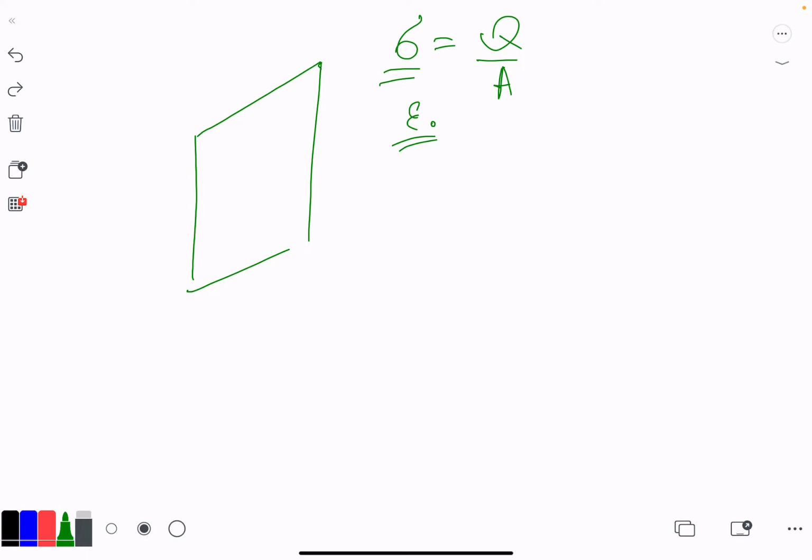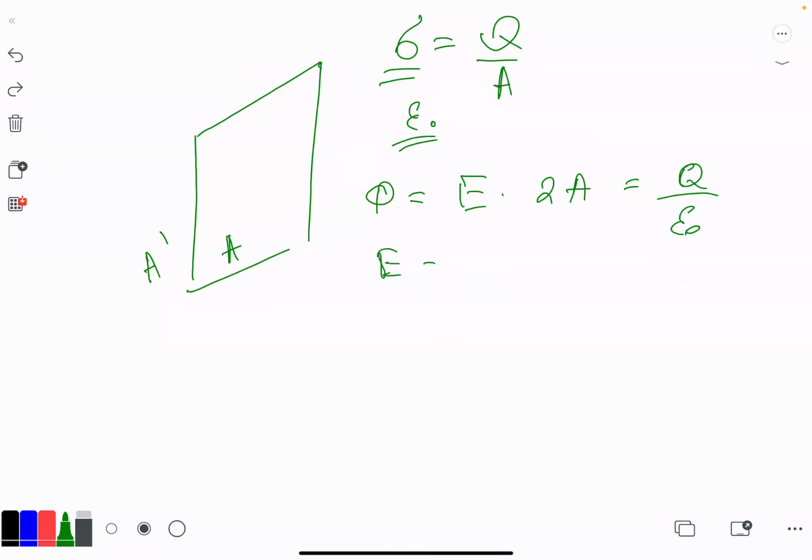As I said already, the sheet has two sides, this A and this A, right? That means flux is equal to E times 2A, correct? It has two sides. We are finding the total flux, from both sides, which is equal to Q enclosed divided by epsilon naught, right?